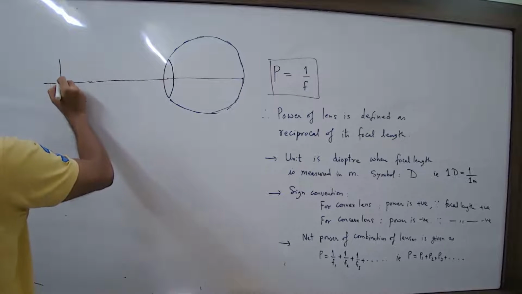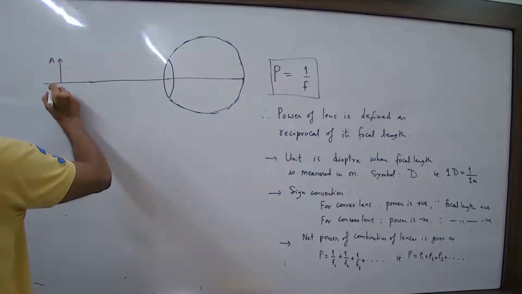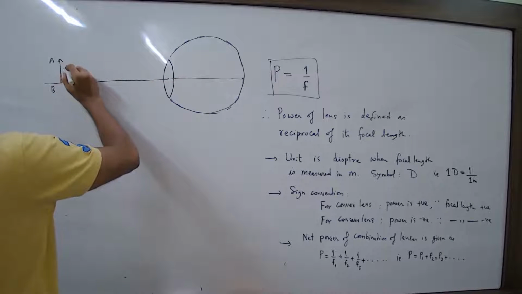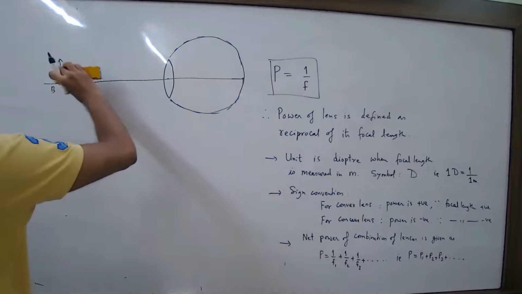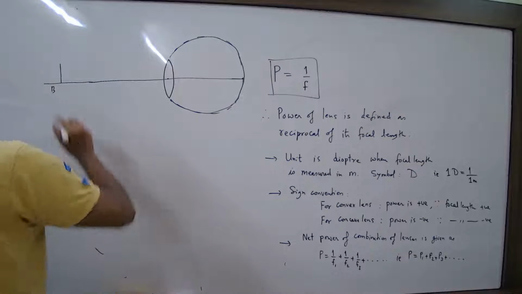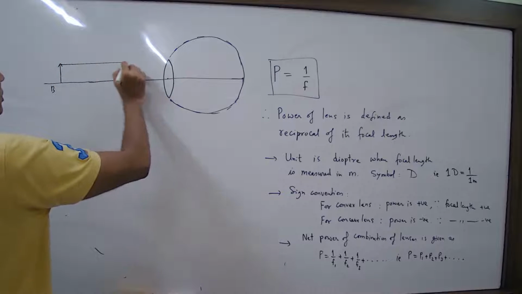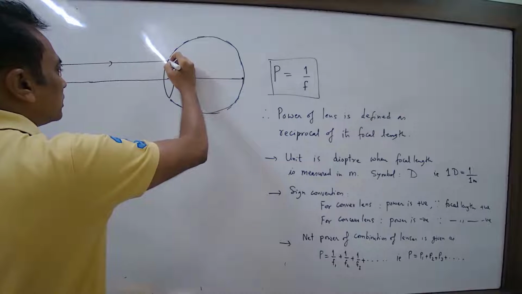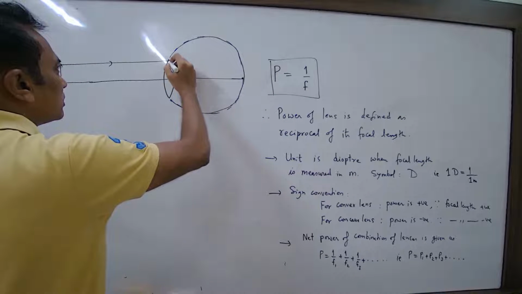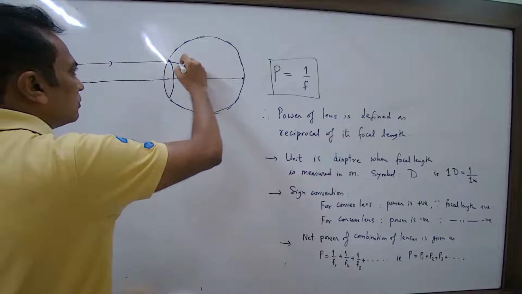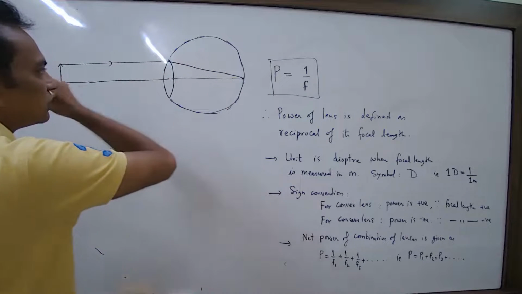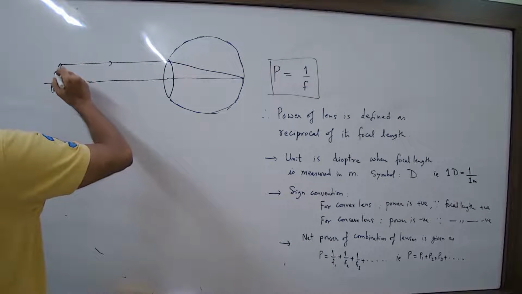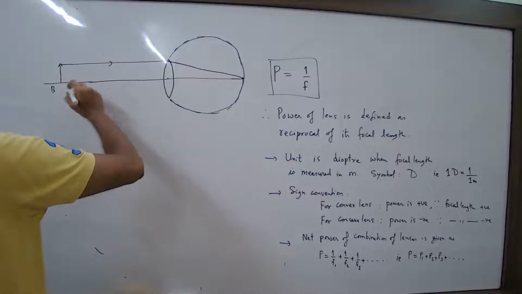So let us say the object is AB. So one ray is parallel to the principal axis. Where will the image be found? At the retina, right? Let us say it will converge at the retina. Now all the rays will have to be parallel only, right? It's far away.